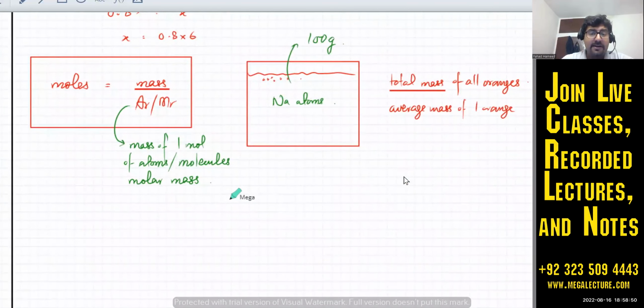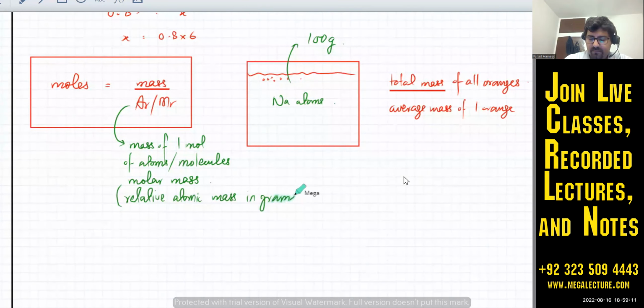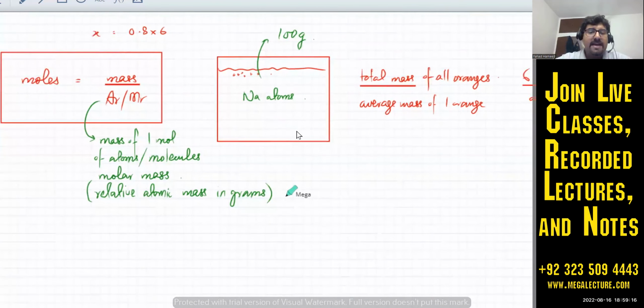They've calculated the mass of 1 mole of atoms very precisely, and that's given in the periodic table. So that's the relative atomic mass expressed in grams.